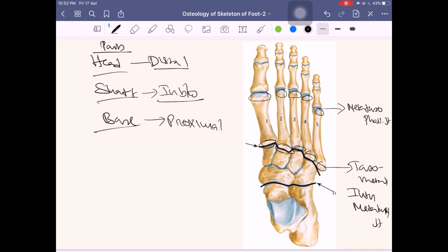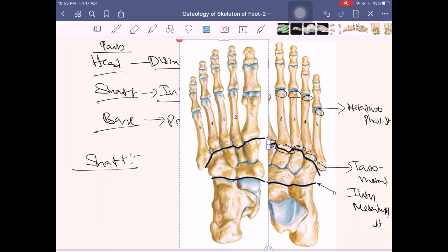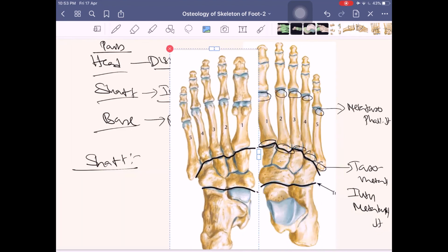Now the shaft is there in between, and it is interesting because the plantar aspect of the shaft gives origin to muscles. Plantar means the lower side. This is the other view, and this is what we call the plantar view.